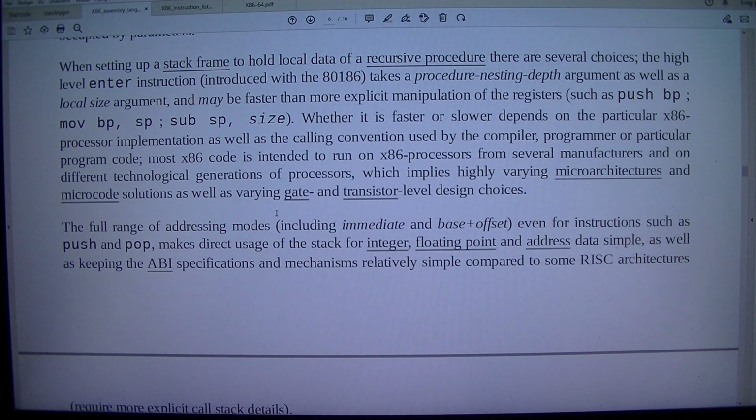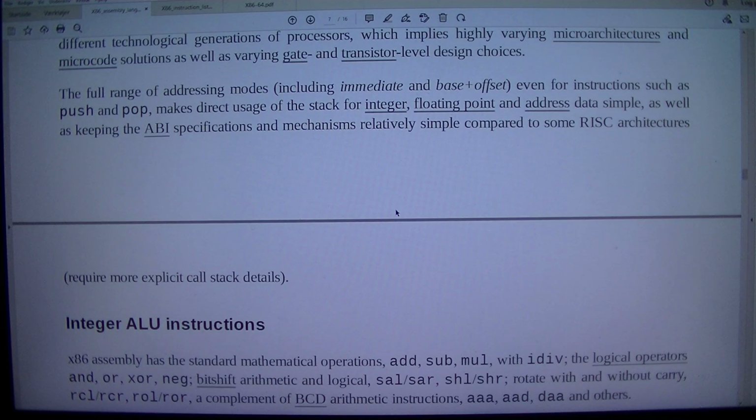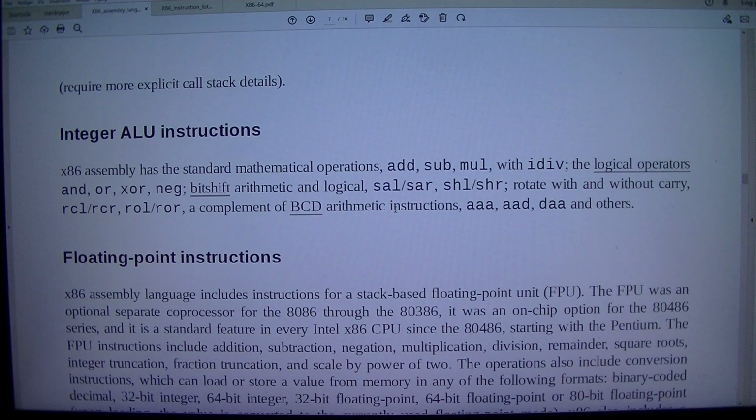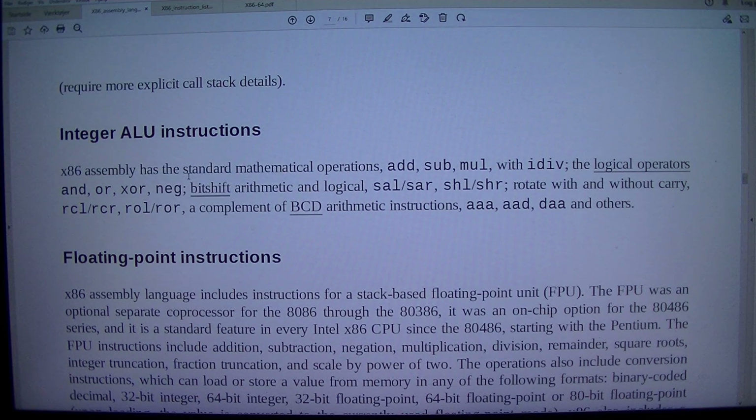The full range of addressing modes, including immediate and base and offset, even for instructions such as push and pop, makes direct usage of the stack for integer, floating point and address data simple, as well as keeping the ABI specifications and mechanisms relatively simple compared to some RISC architectures, which require more explicit call stack details.